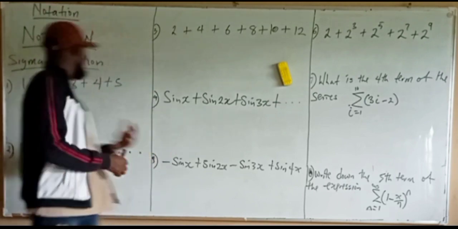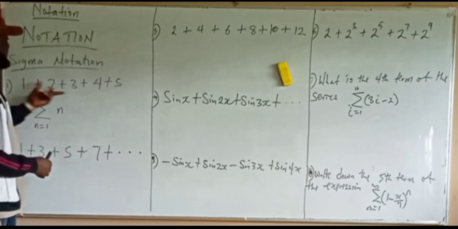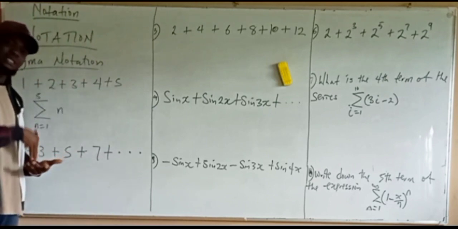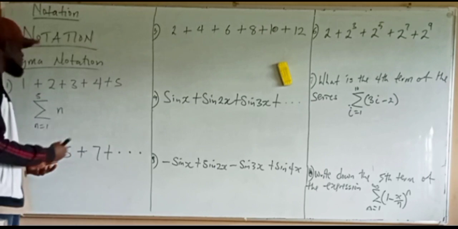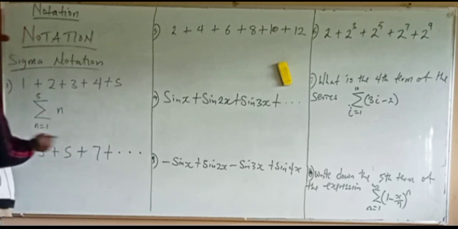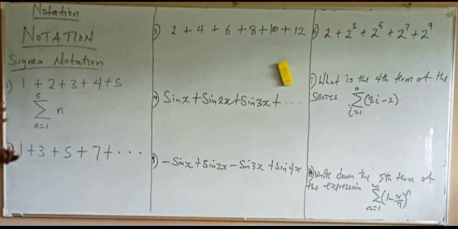If you have an expression that contains just integers and want to represent it in notation, you have the properties of a notation. This one you are seeing there is called the lower limit. Then this 5 is called the upper limit. Then this n you are seeing here is called the index number. Then this symbol you are seeing here is called the sigma notation.